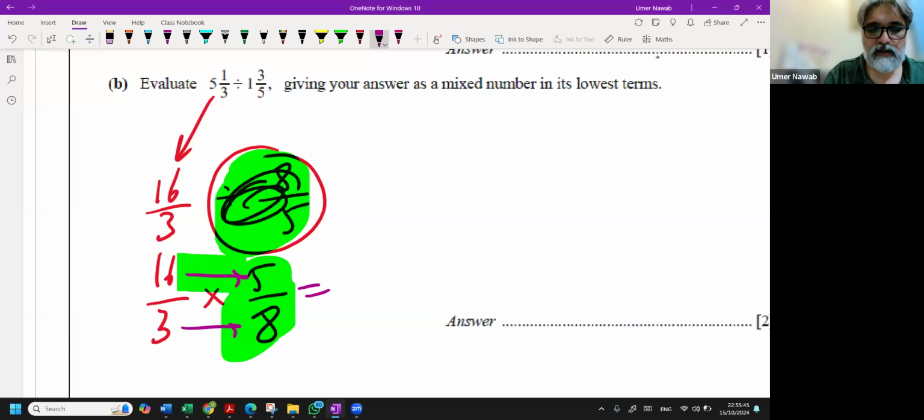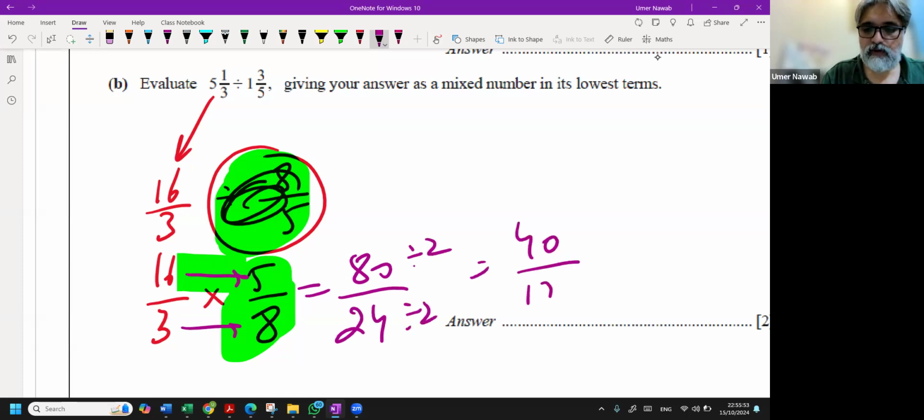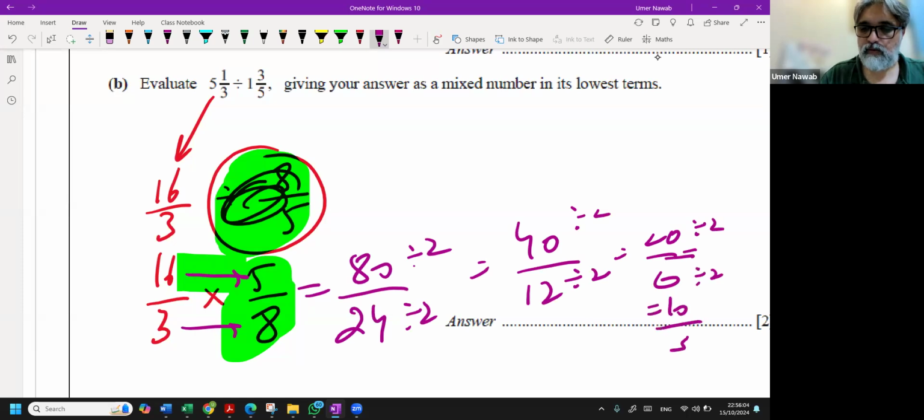So 16 times 5 is 80, and 3 times 8 is 24. Now divided by 2, 40 over 12, divided by 2 and divided by 2, 20 over 6, and divided by 2 and divided by 2, it is equal to 10 over 3. If it is 10 over 3, I can write it as 3 whole 1 over 3.